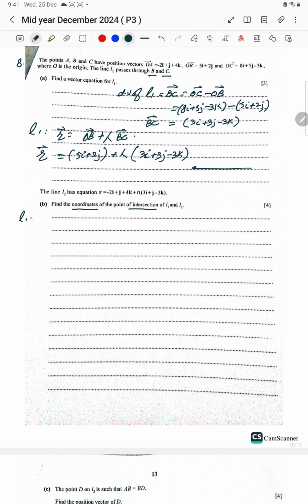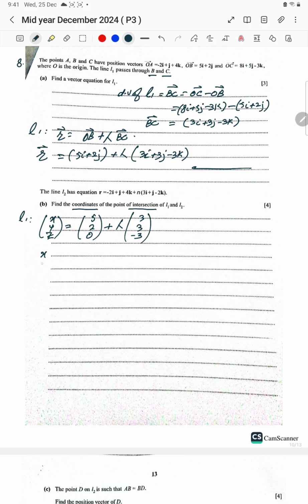For line 1, r is xyz in 3 dimensions, in column vector (5, 2, 0) plus lambda (3, 3, minus 3).